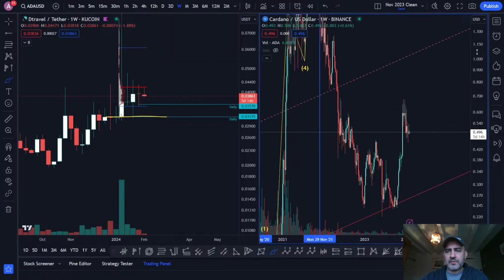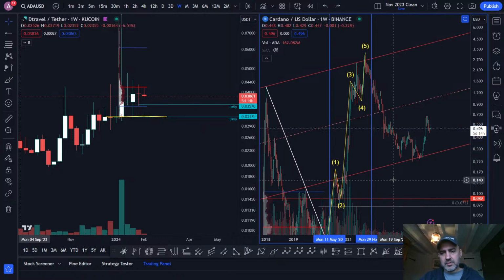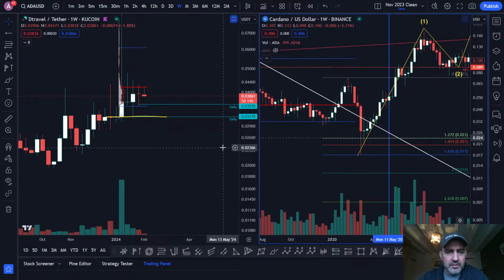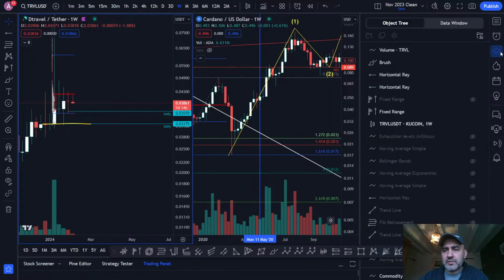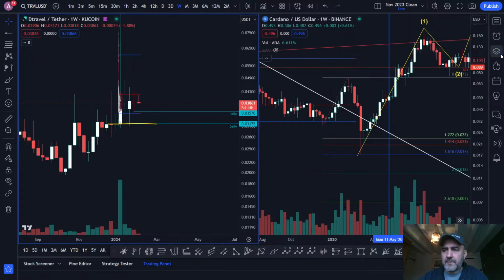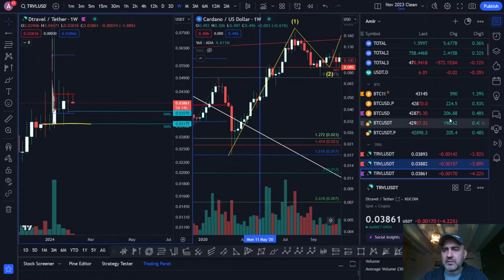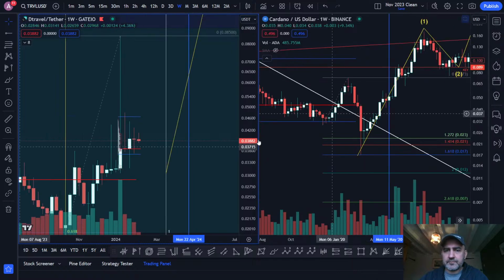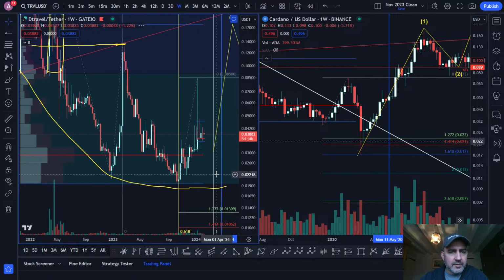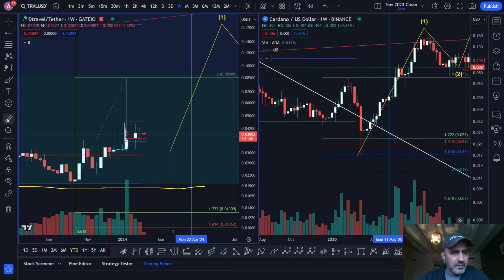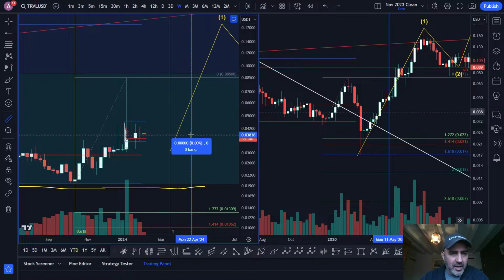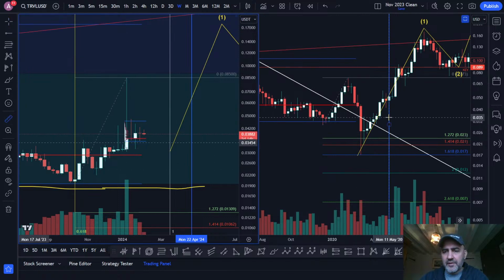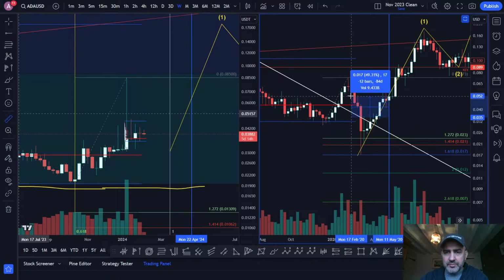We are from the halving 11 bars now, and from the halving on the ADA fractal, 11 bars would be this red candle here.